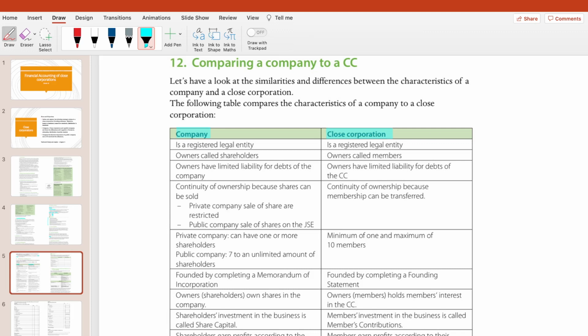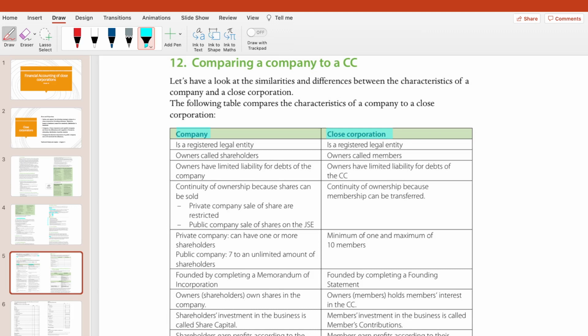Continuity of ownership, because shares can be sold. In a private company, sale of shares is restricted, and in a public company, sale of shares is on the JSE. In a closed corporation, there is continuity of ownership, because membership can be transferred from one person to the next.